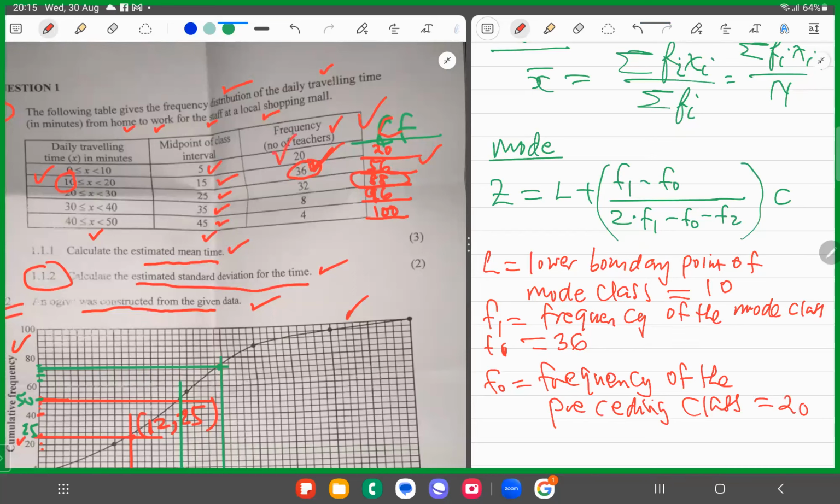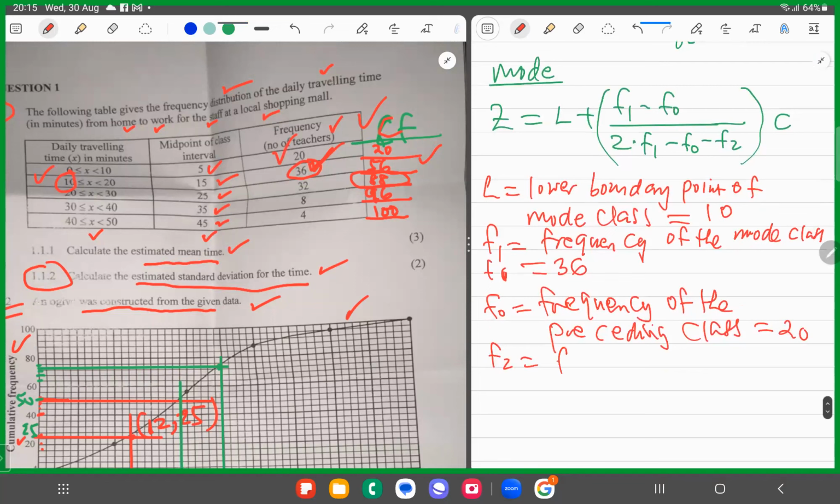F2 is the frequency of the succeeding class, which is exactly 32.